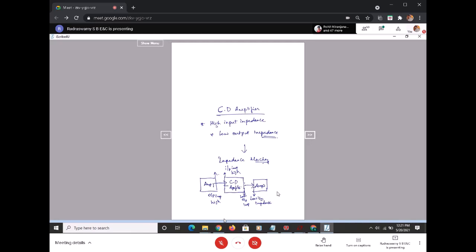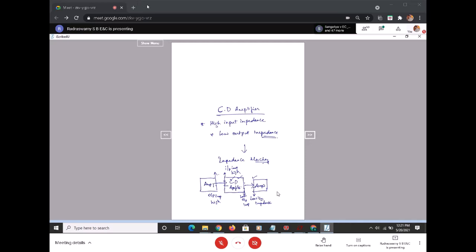So the high output impedance of amplifier 1 is connected to the common drain amplifier whose input impedance is also high. So there is a match. Similarly, there is a match between the output of the common drain amplifier and the next stage amplifier input, because both are of low impedance.